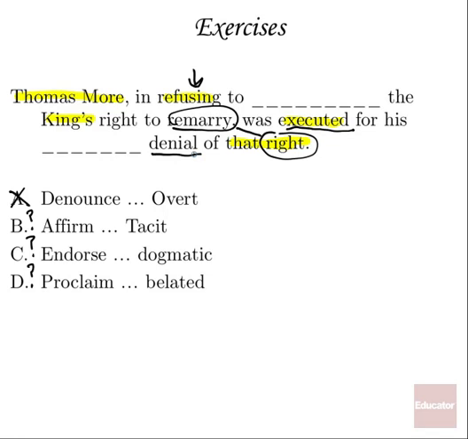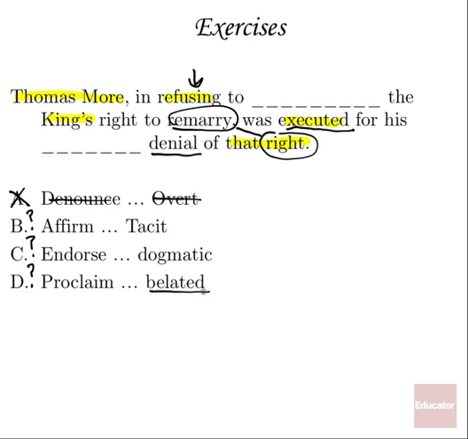We need an adjective that will fit with denial. So he was executed for his something denial of the king's right to remarry. So, is it going to be overt? Well, we don't need to worry about that one because we've already eliminated that answer. Tacit, dogmatic, or belated. What do these words mean? Well, how about belated?